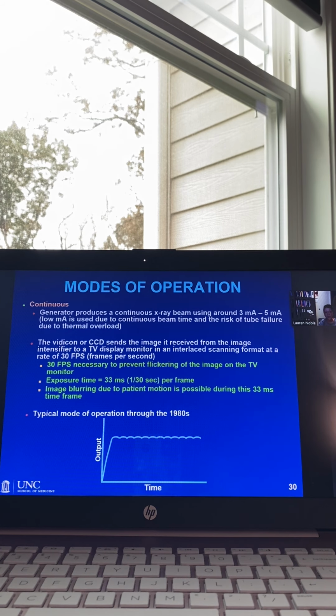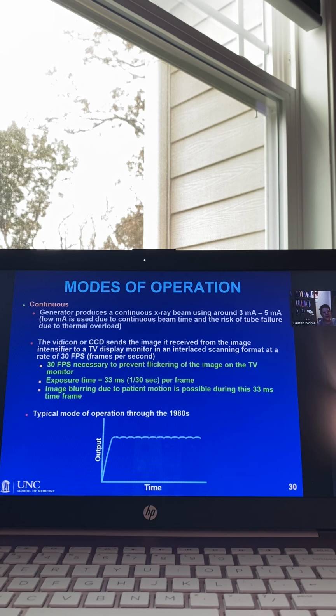The exposure time for fluoro has to be long in order to use a low MA, to get the appropriate mass.